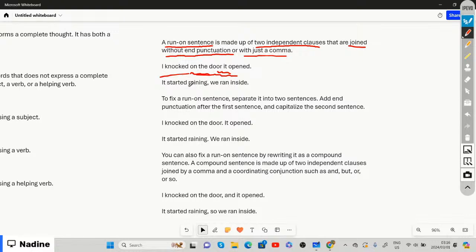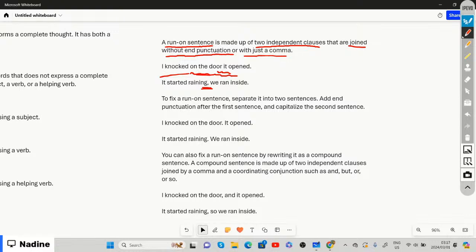Then we have, it started raining, we ran outside. And here we have a comma that separates these two independent clauses. We're also going to find out how we can separate these two independent clauses, basically by letting them stand on their own.